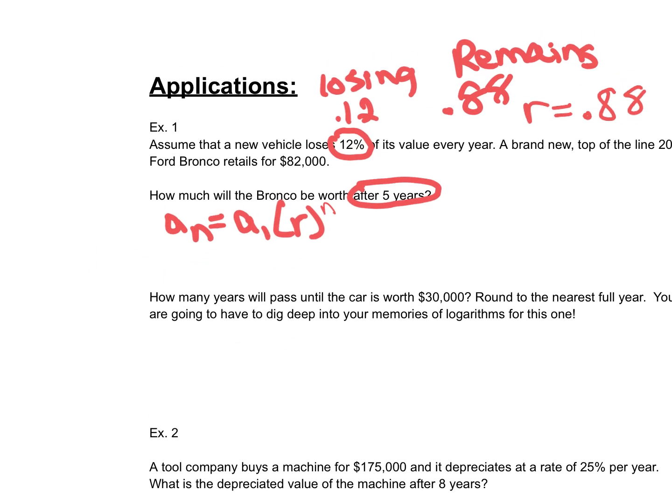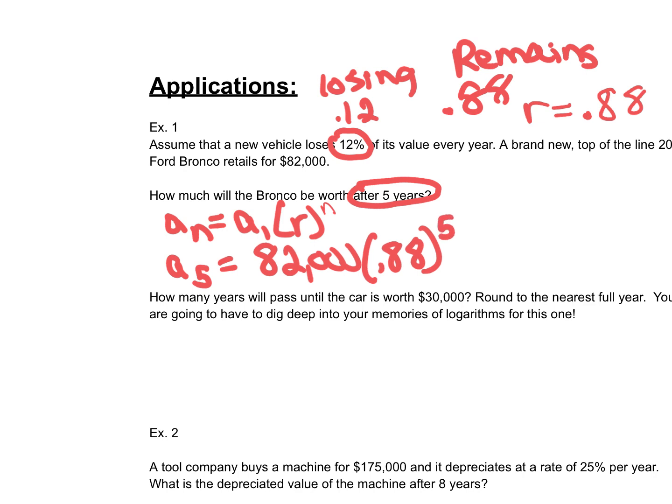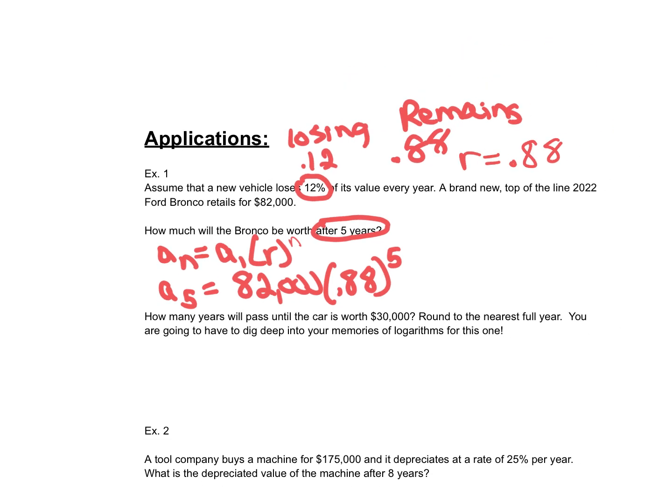Okay, so what I want to know is how much it's worth after 5 years. Well, I know it starts at $82,000. My rate, again, is how much is left that it is worth, not how much it went down, but how much it is still worth, which means 0.88. And again, we are using n, not n minus 1, because we are calculating it through the entire year.